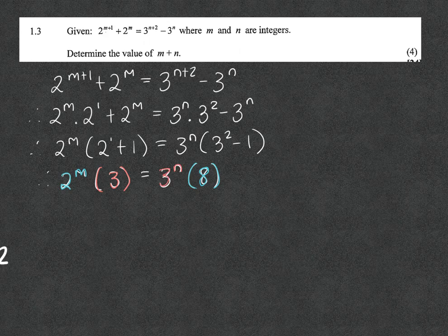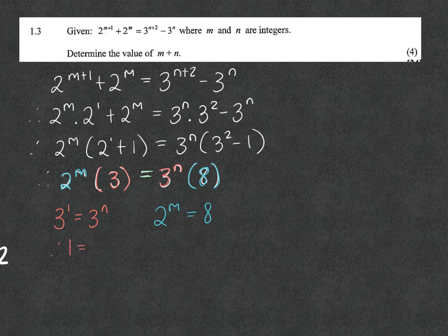Okay, because the sides need to look the same because they're equal, right? So 3 to the 1 must equal 3 to the n. So let's take that out. So 3 to the 1 must equal 3 to the n if these two are both equal, right? And 2 to the m must equal the 8. And there you've kind of created two separate equations that you can now solve for.